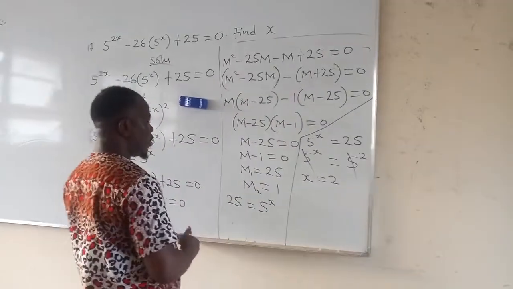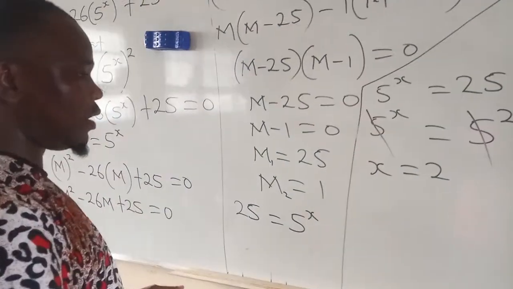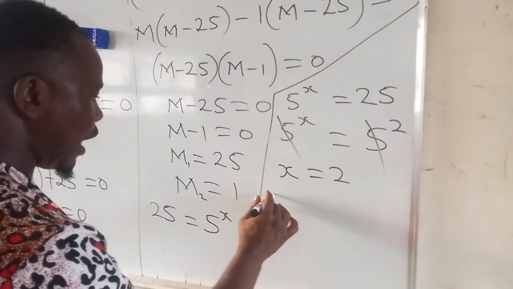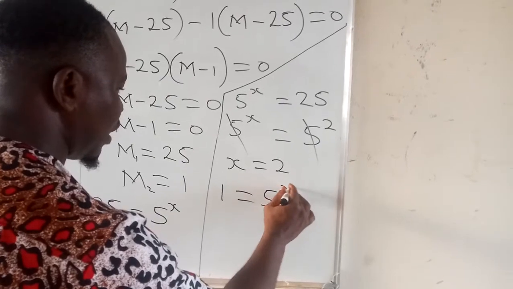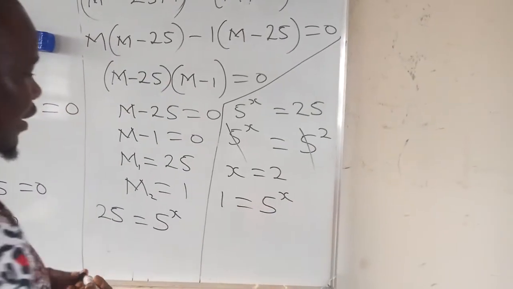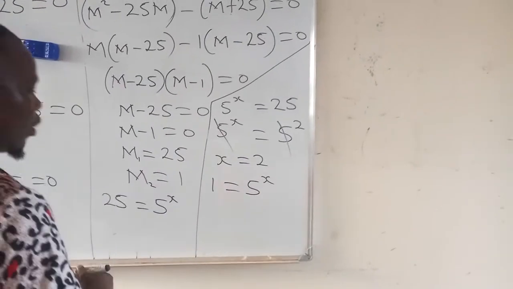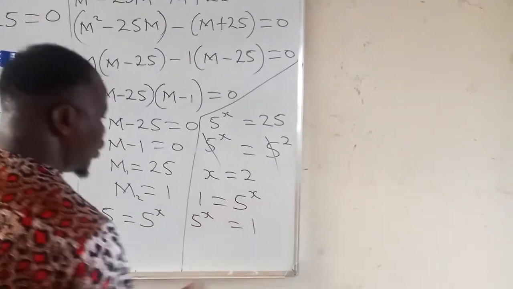Now, let's consider m2. Our m2 is equal to what? 1. Is that clear? So, if you agree with me, our 1 will be equal to 5 raised to the power of what? x. So we can rewrite this as 5 raised to the power of x equals 1.